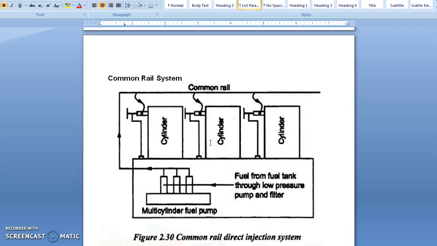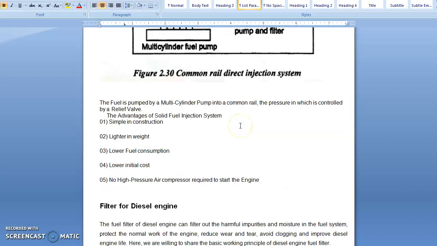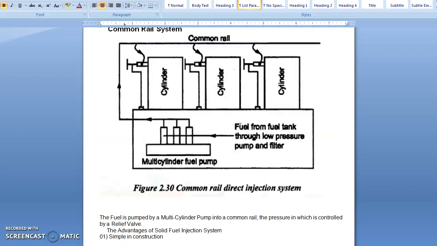It is quite suitable for engines of higher output, but it requires higher accuracy in manufacturing the pump barrel and the fuel injection plunger. So we have to take care that the barrel must be in good condition.